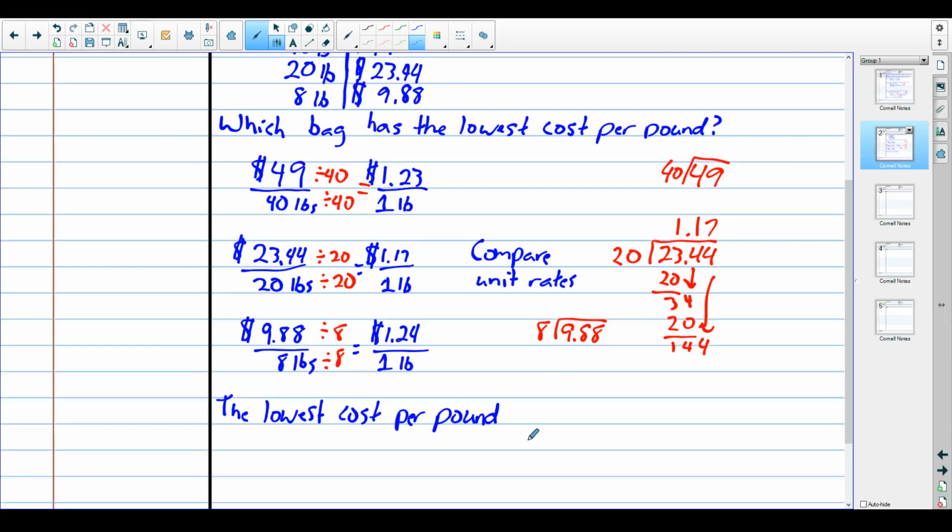Oh, it's dog food. Oh my goodness. I'm reading the answer for the first time. Is the 20-pound bag.